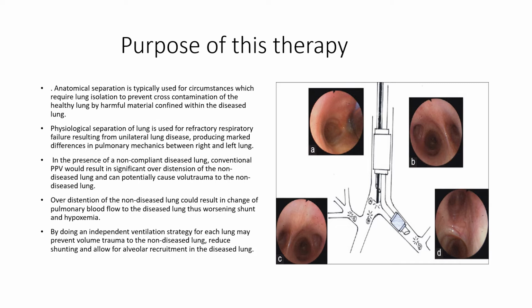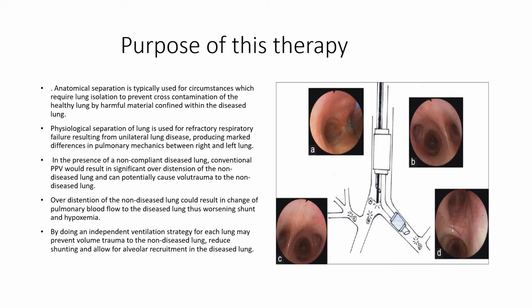So in the presence of a non-compliant diseased lung, conventional positive pressure ventilation would result in significant overdistension of the non-diseased lung and can potentially cause volume trauma to the non-diseased lung. Overdistension of the non-diseased lung could result in change of pulmonary blood flow to the diseased lung, thus worsening the shunt and hypoxemia.